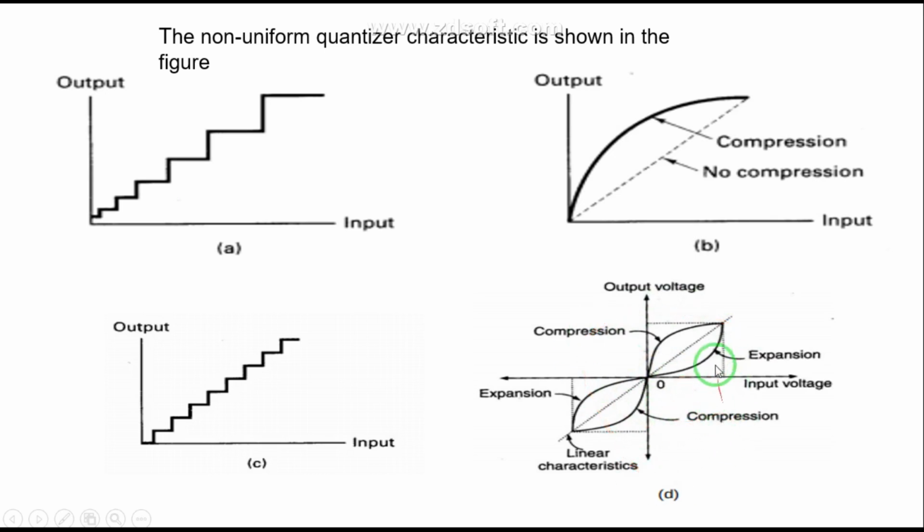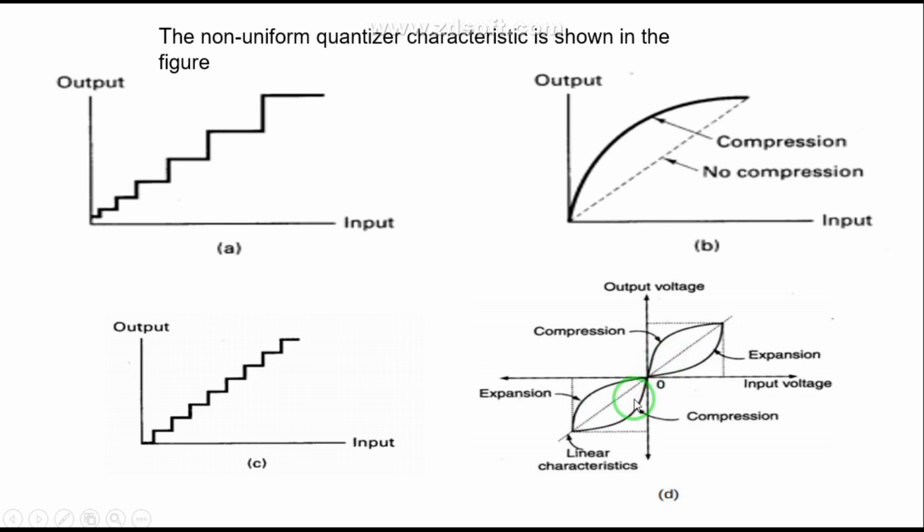And due to this inverse nature of your compressor and this expander, the overall characteristic is shown by this straight dotted line, which indicates that boosted signals are brought back to their original amplitudes.